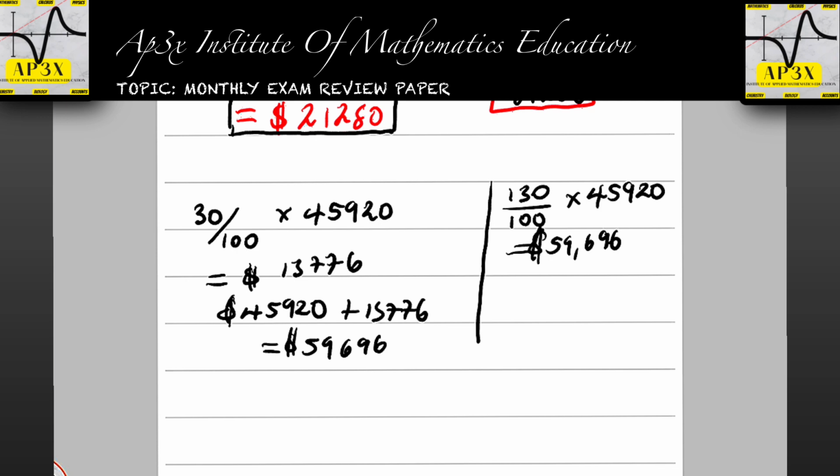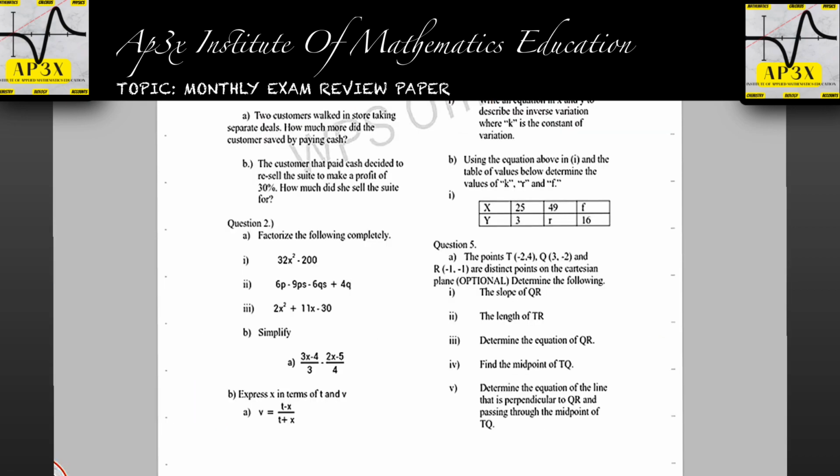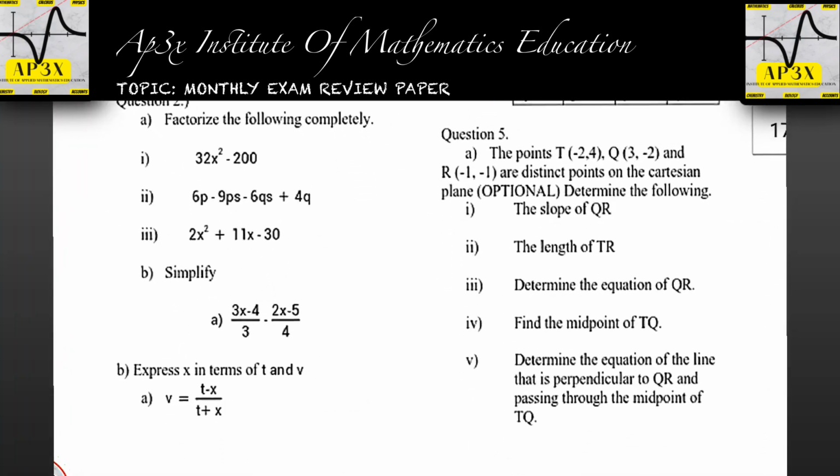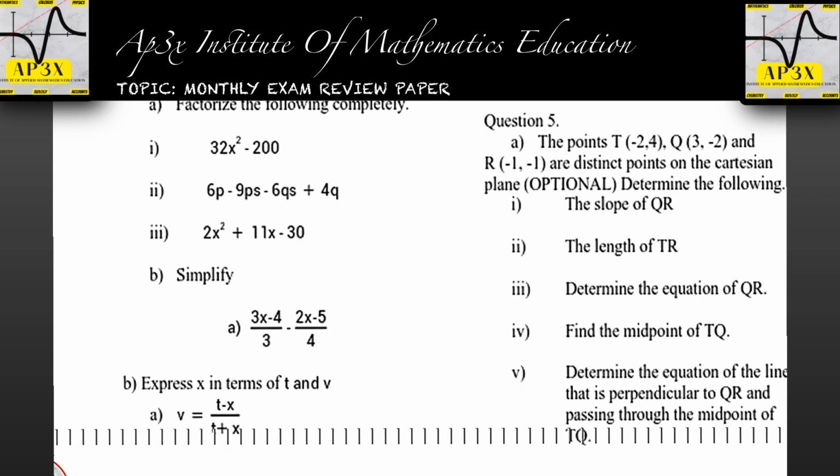All right, let's then jump on to our next question. We're going to be going down to the algebra section of the paper, and this challenged a lot of my students based on the papers that I have marked so far, and I'm not so sure why, because each of these factorization techniques can be identified by a very specific value in the equation.